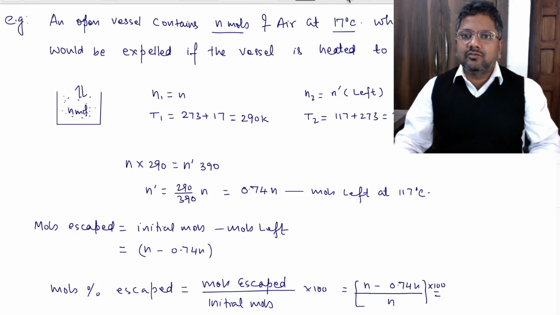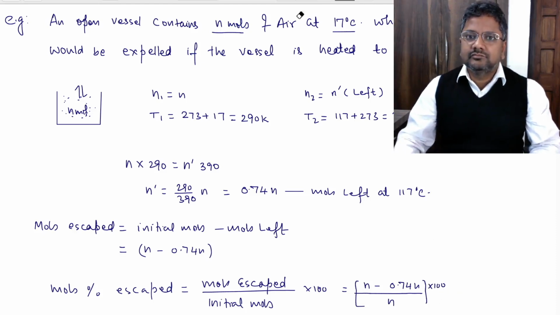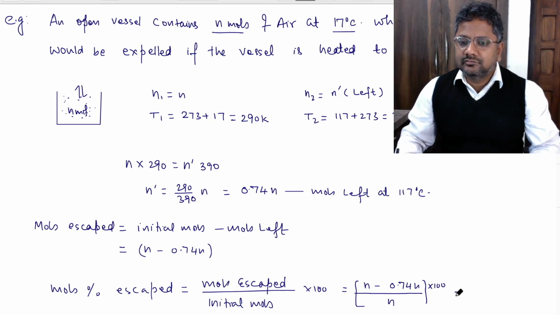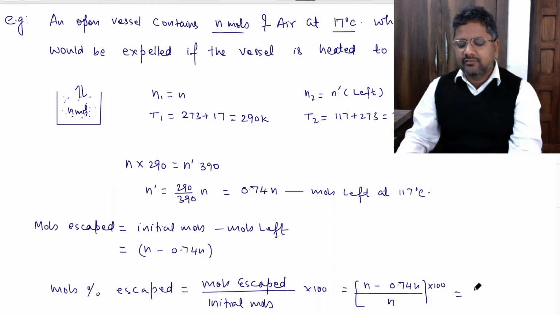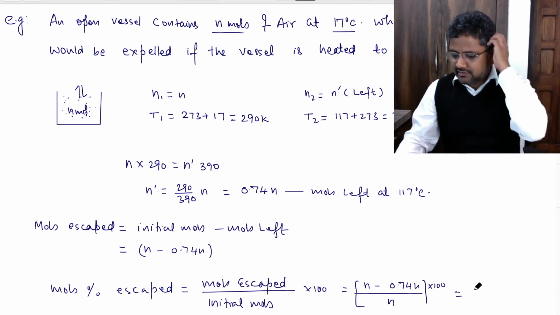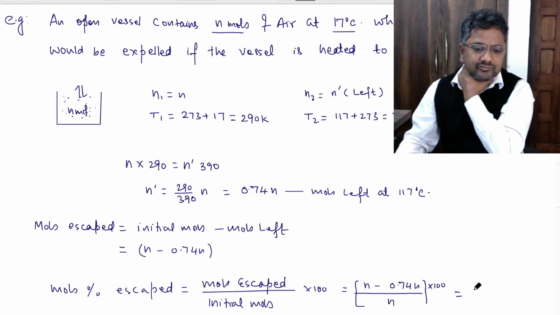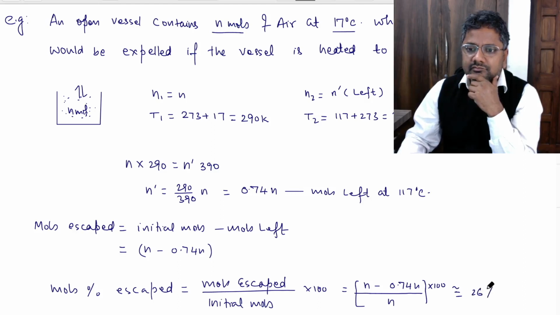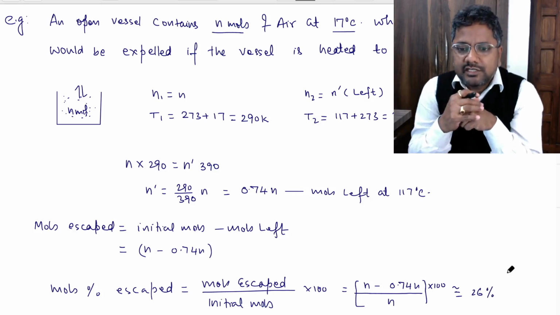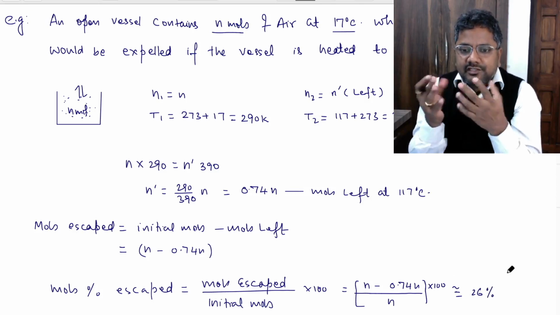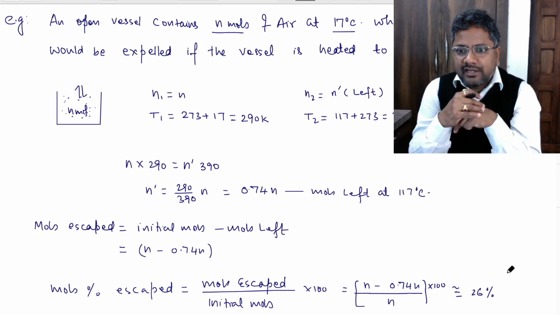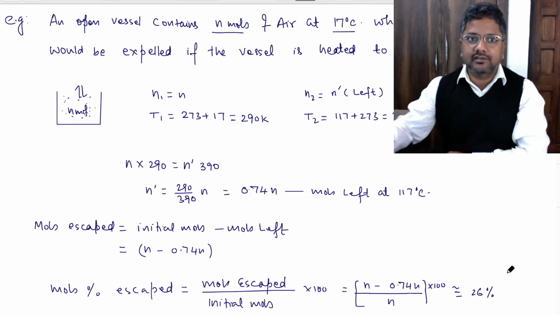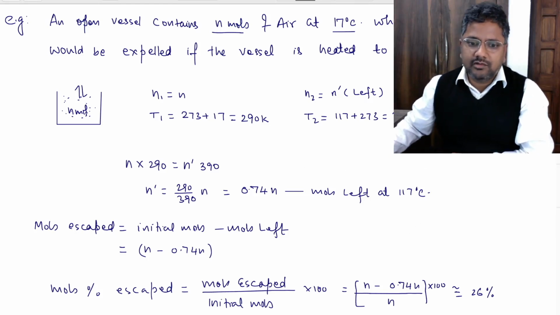So this is equal to 1 minus 0.74, approximately 26. Approximately 26 mole percent of the gas was expelled out from this container, right? So in this way you can solve this type of problem.